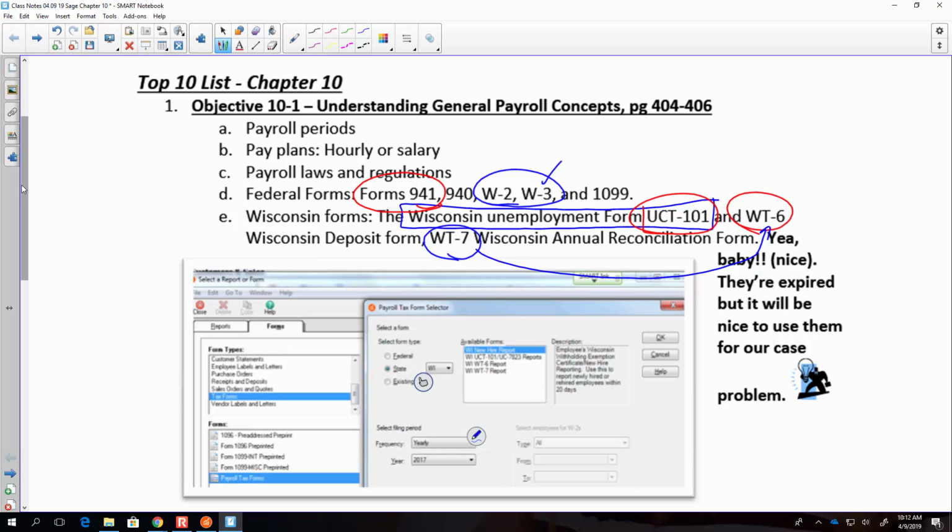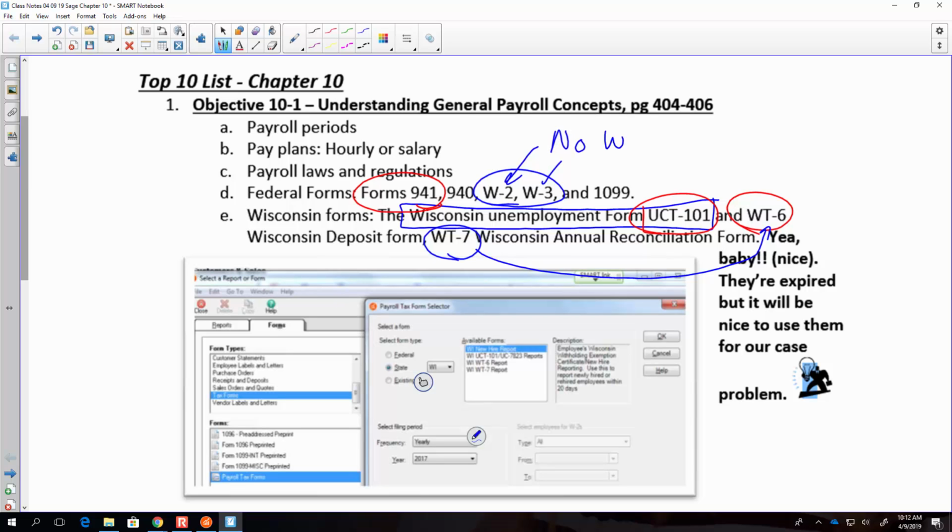Also, I've seen where on a W2 there's a 0 for Wisconsin withholding. How can that be? It can't. They never set it up in their program.